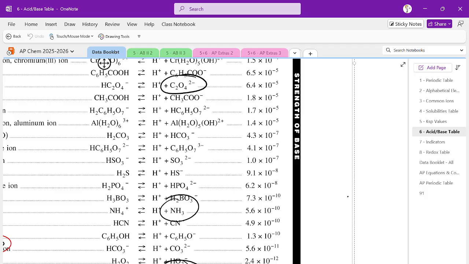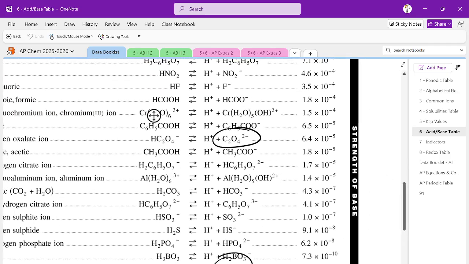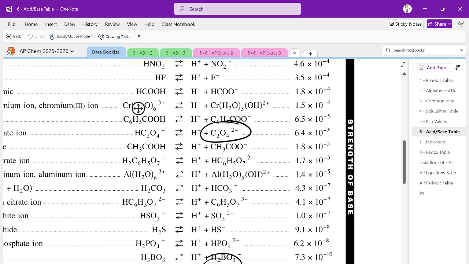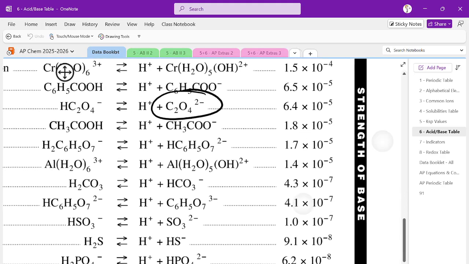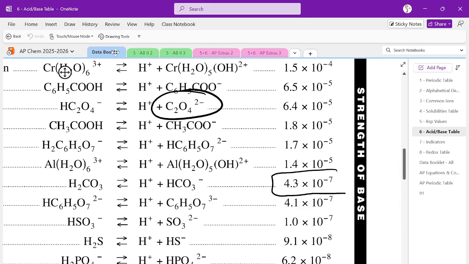Which of these acids would give me a pH of about 6? I would probably want this one, because that's a largish times 10 to the negative 7. You could try it. You're not going to get exactly pH 6, but you're going to get pH 6 point something.